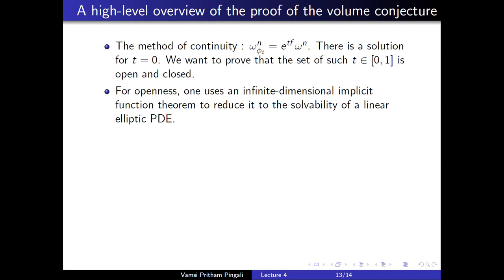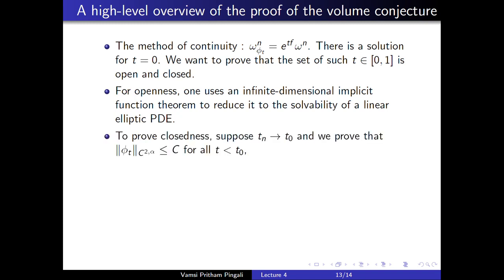Rocket science, or something more fundamental than rocket science itself, is the next part: to prove closedness. What does it mean for a set to be closed? It contains all of its accumulation points, right? So suppose T_n is a collection of times for which you have a solution.